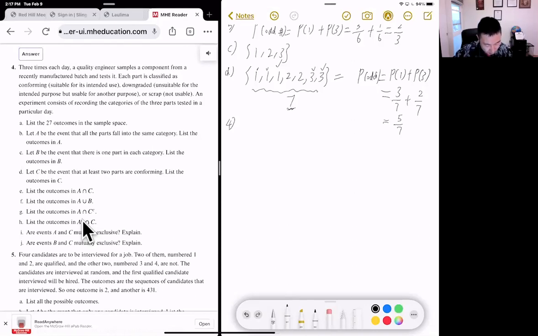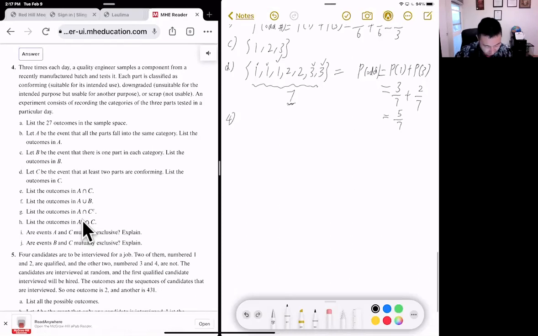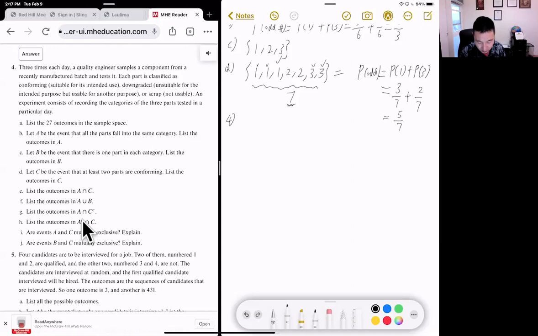So 3 chosen from either conforming C, downgraded D, or scrap S. We can use the counting method to get the 27 outcomes. So 3 parts. Let's see, the first part could be C, D, or S. Right?